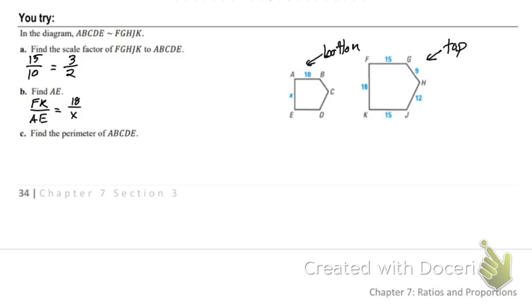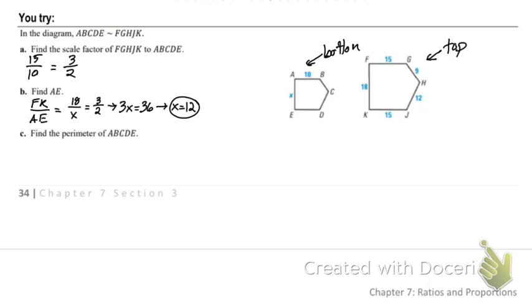AE is X. Well, that has to equal my proportion of 3 over 2. That's going to give me 3X equals 36, or X equals 12. Do we agree with that? Is AE 12? Did I mess anything up?